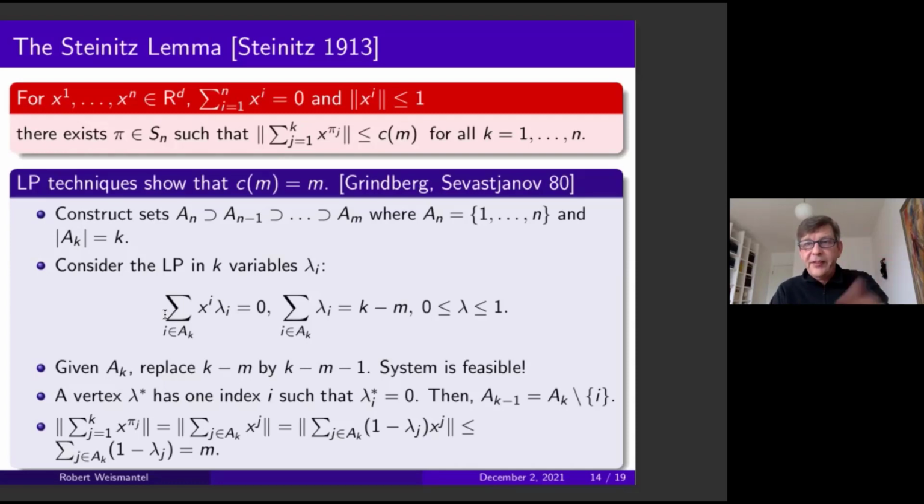So you just have added 0 in the inner part of this expression. Now you can bound this, because the x_j values have a norm of at most 1. So this is less or equal to the sum over the indices in A_k of 1 minus lambda_j. And if you look at the last equation, the sum of the 1 minus lambda_j values is precisely m. So this is the analysis. And I think you have to admit, this is really beautiful, isn't it?